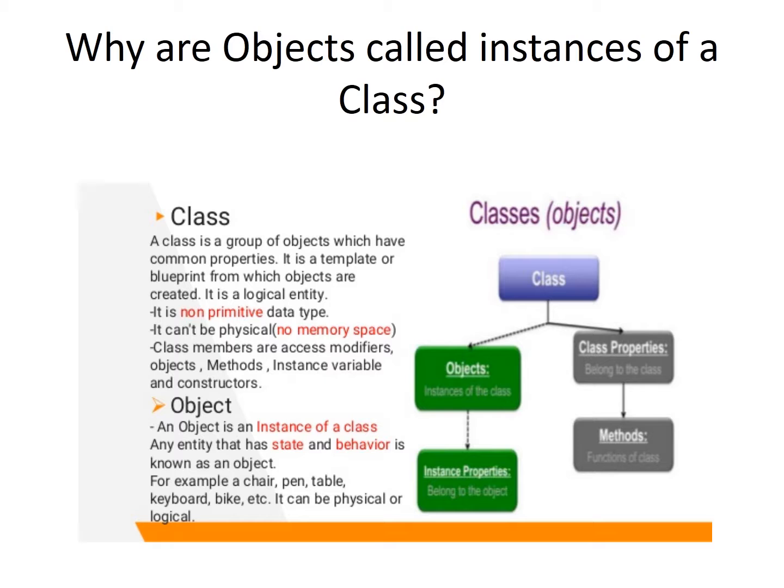We have studied classes and objects in the previous classes also. A class is a group of objects which have common properties. It is a template or blueprint from which objects are created. As we know, objects are part of the class, and the class serves only as the blueprint for the objects.